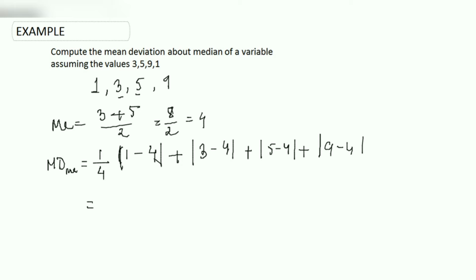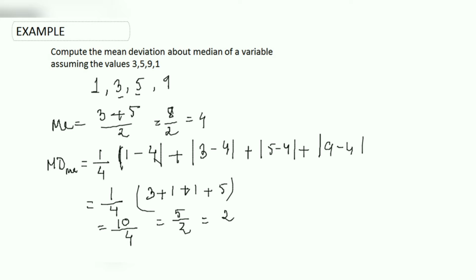So this is equal to 1 divided by 4 times 3 plus 1 plus 1 plus 5. So the sum is 10 divided by 4, that means 5 divided by 2, or 2.5. So the mean deviation about median will be 2.5.